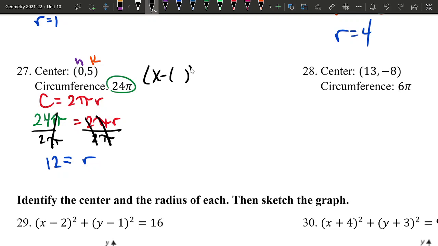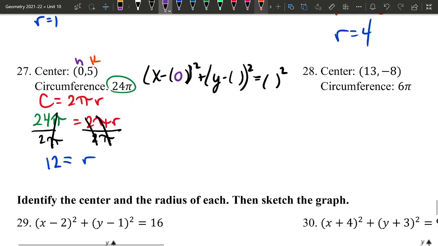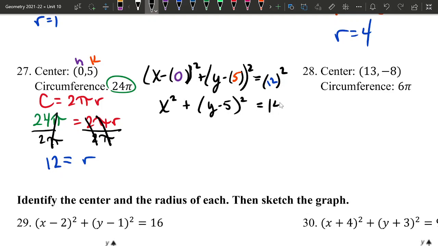X minus blank squared, y minus blank squared equals blank squared. So H is 0, K is 5, and R is 12. So whenever you have a 0, you don't need any of the parentheses. It's just x squared plus y minus 5 squared equals 12 squared, which is 144.